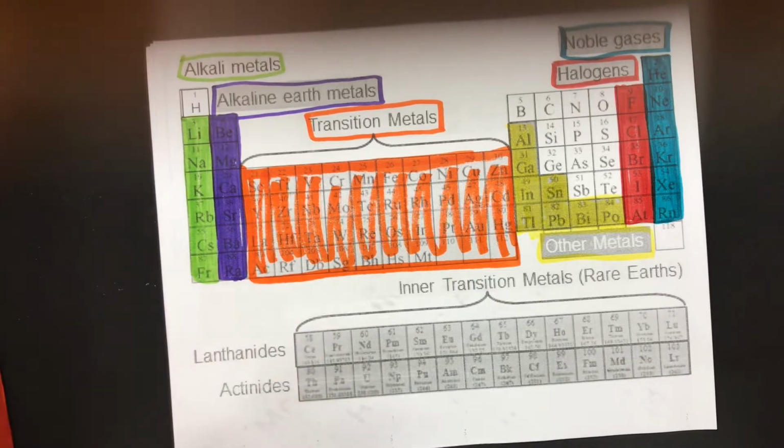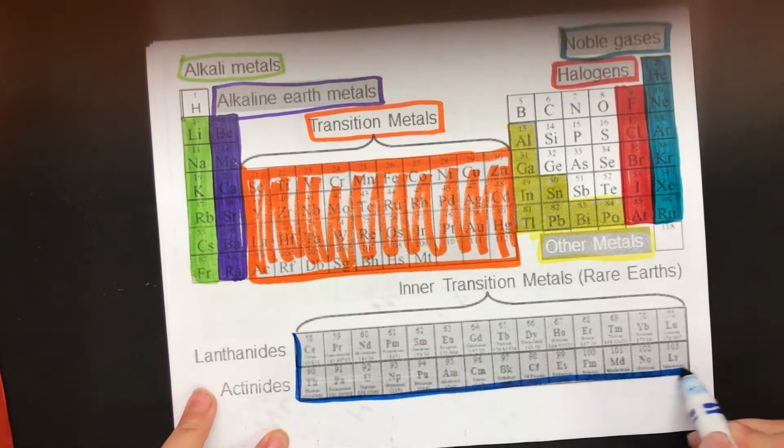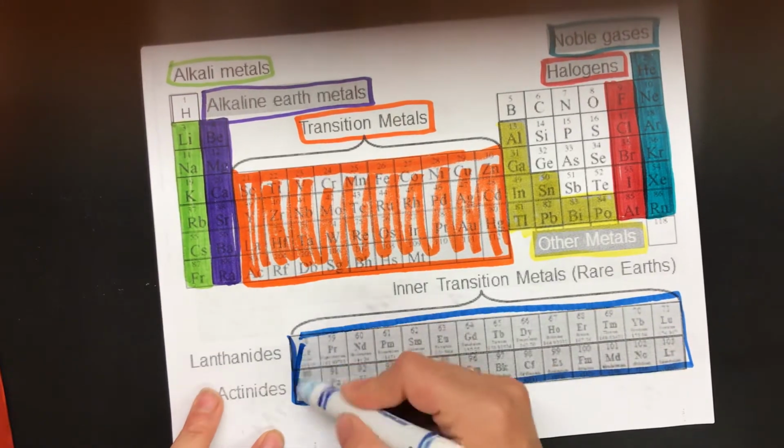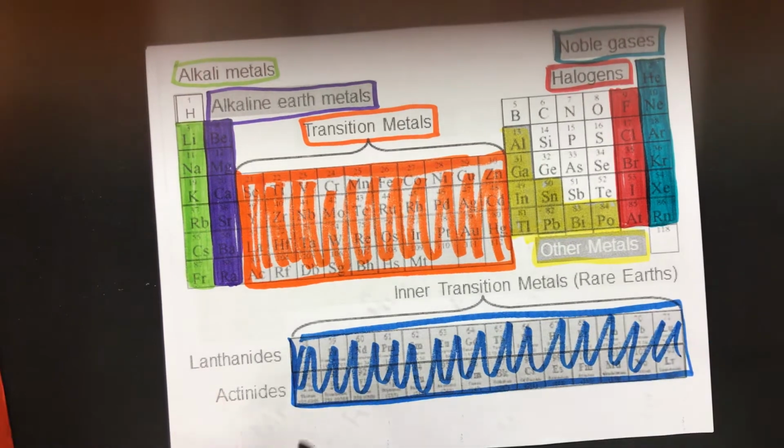And then last, these bottom two rows are actually a part of the periodic table. It's not like they're excluded or anything. They've been brought down to the bottom just to be able to fit into a textbook. They are called your inner transition metals. Why are they called that?